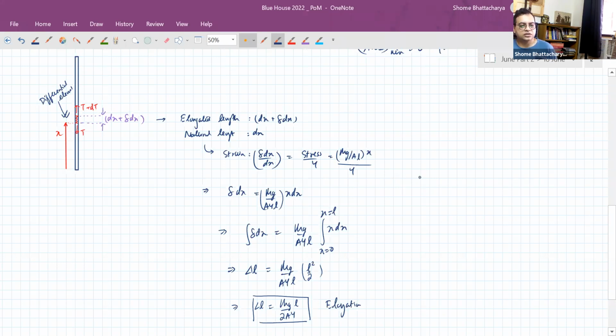Okay, so there's also another way to just remember this result, that the stress is a linear function.